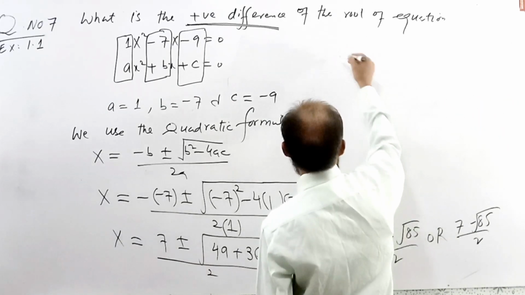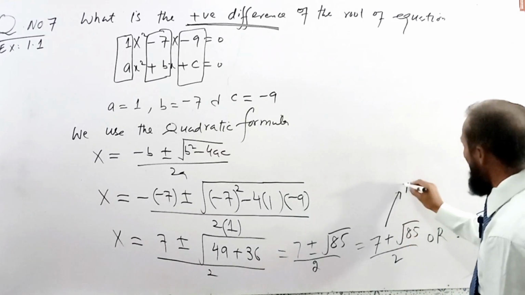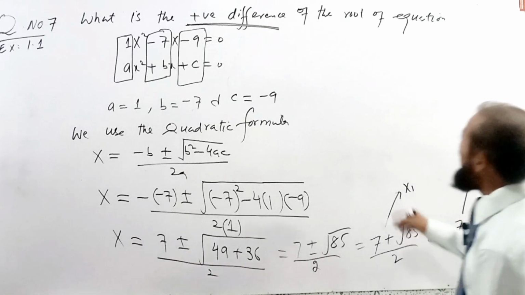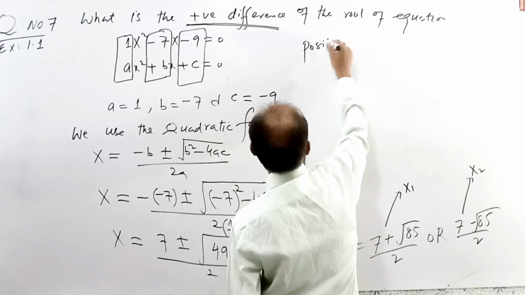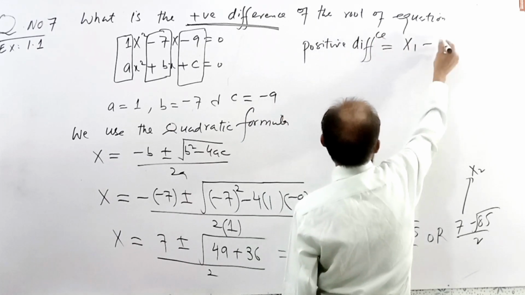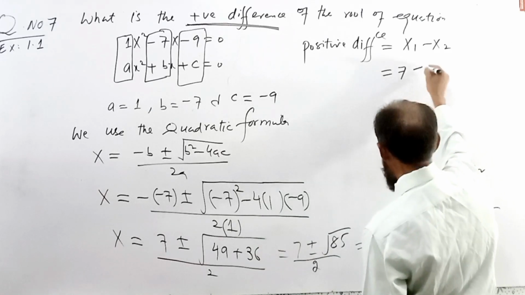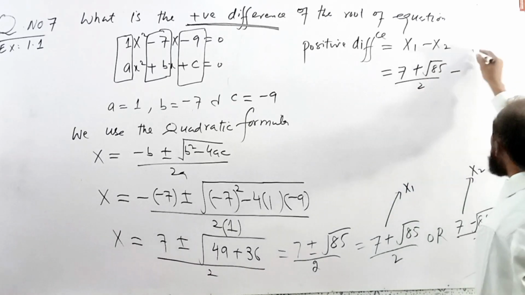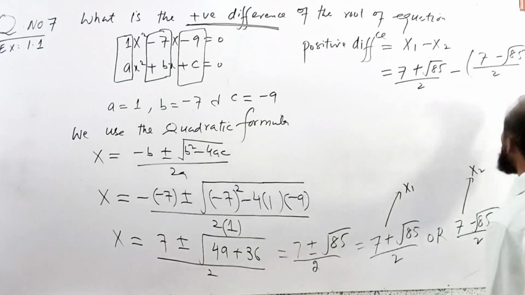For example, we name this one x1 and this one x2. So the positive difference is x1 minus x2: 7 plus root 85 divided by 2 minus 7 minus root 85 divided by 2.